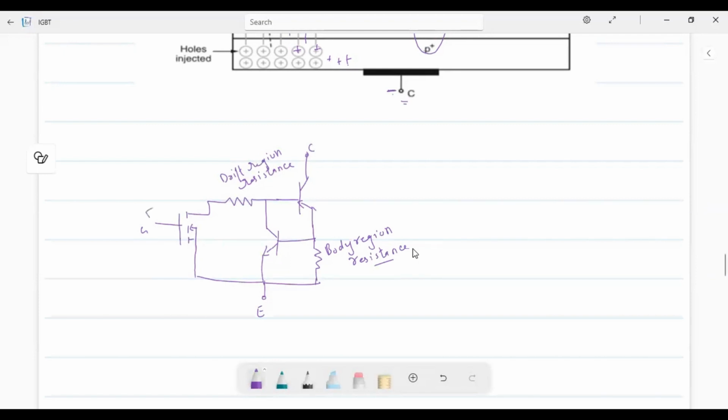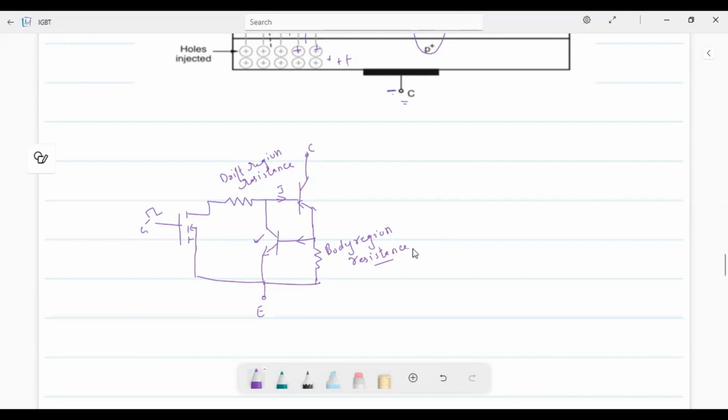So when you're giving an input pulse, the drain current will increase and the current will start flowing to the base. And this transistor will be getting in the on condition and the current will be flowing towards the base of this transistor. So this also will get in the on condition. So both the transistors are on.